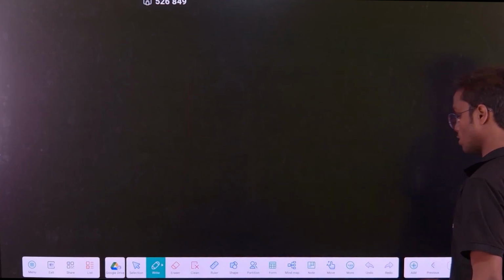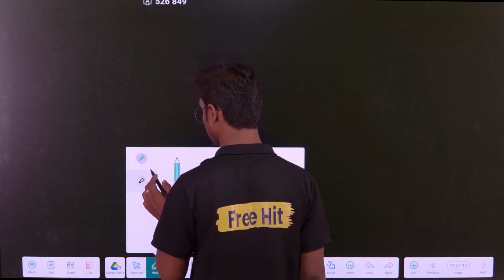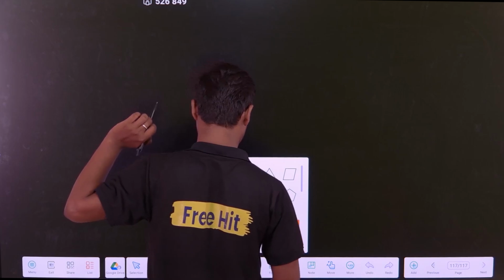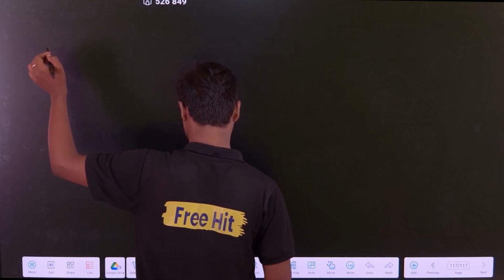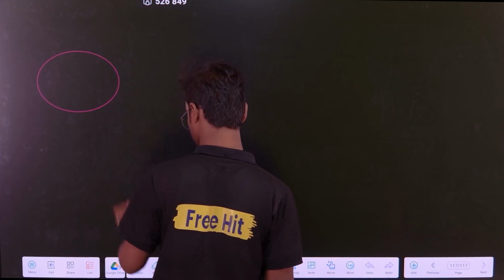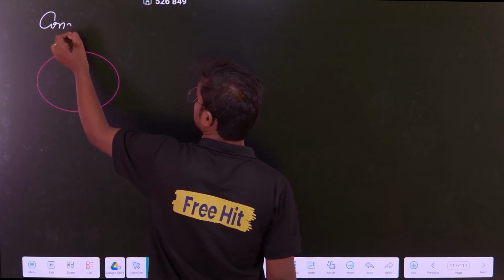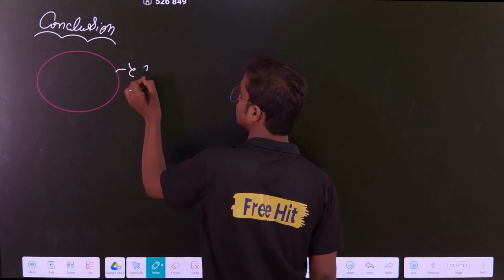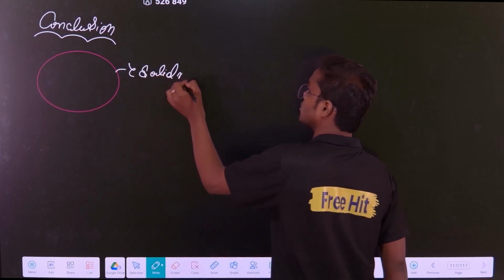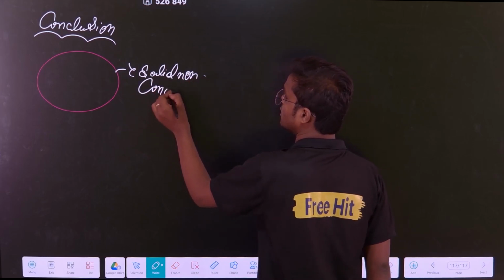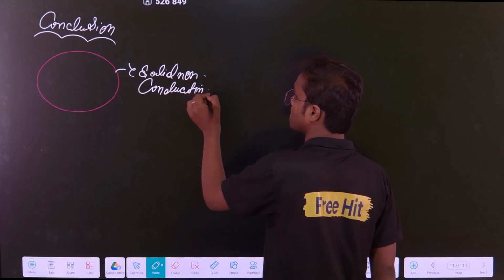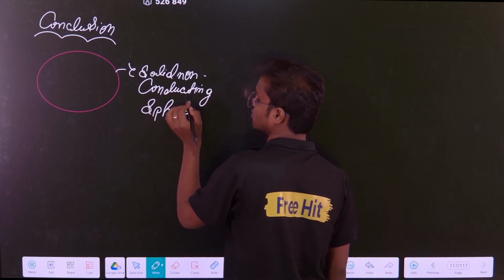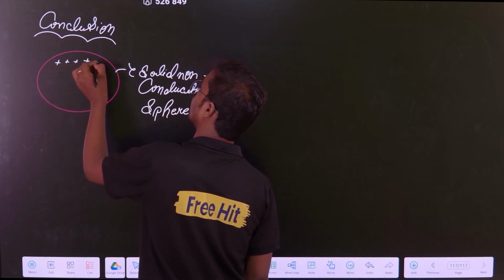So what is the conclusion we have got? We can write the conclusion like this. I hope the conclusion is clear to you. The conclusion is very simple. If it is a solid non-conducting sphere, obviously the charge will be on the volume.